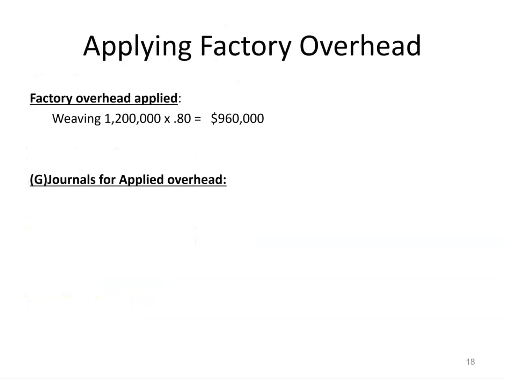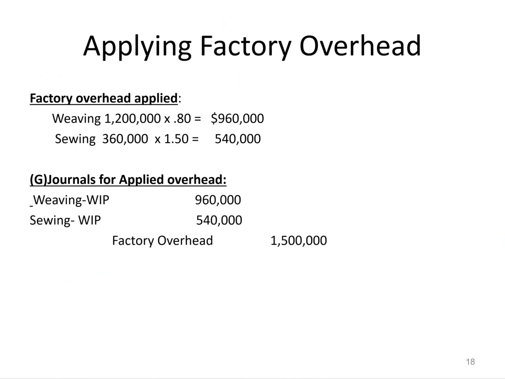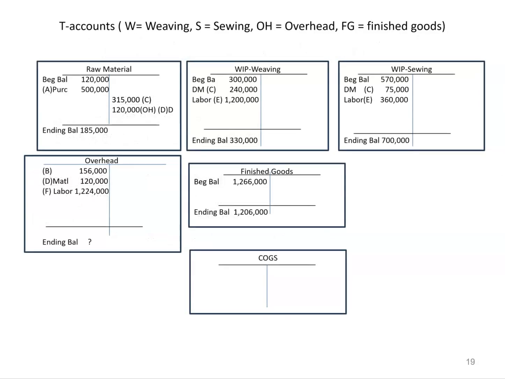So this is what it looks like. And now we can do our journals and apply our factory overhead. And here we go. And there's our credit for overhead.